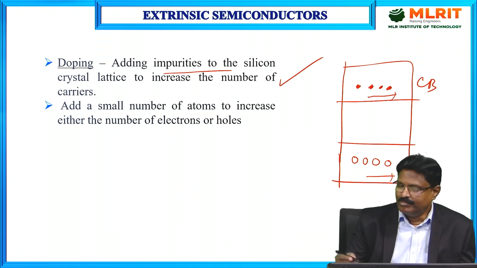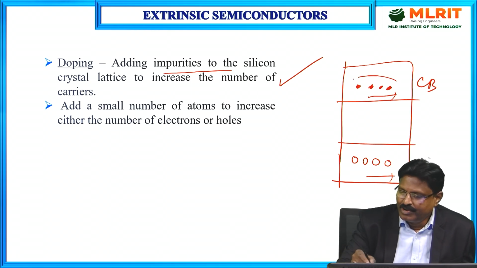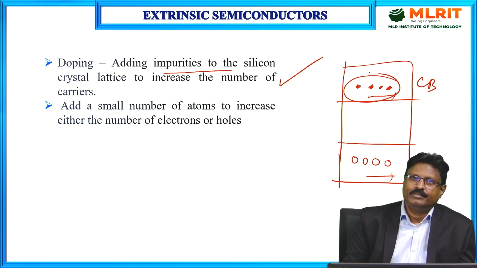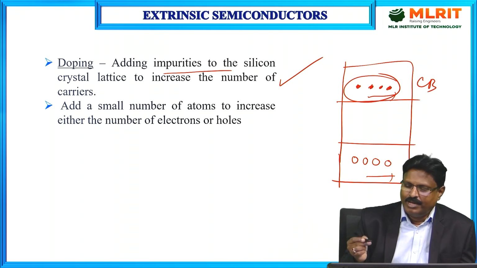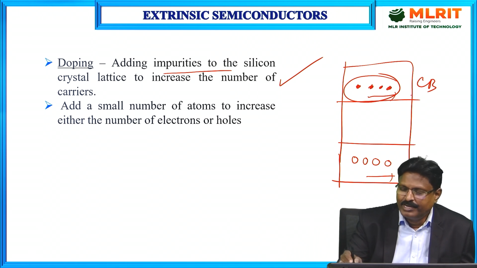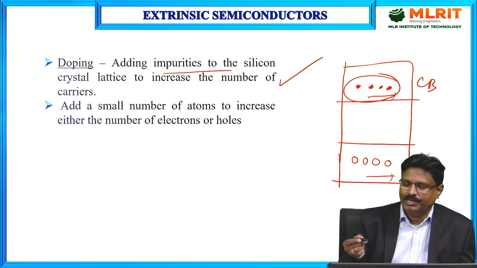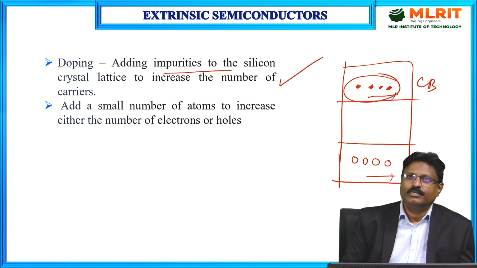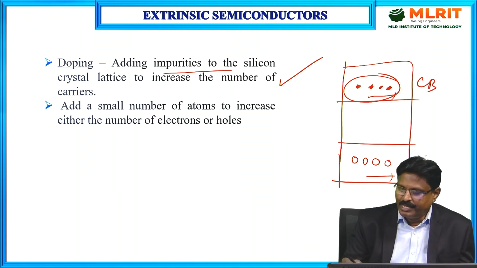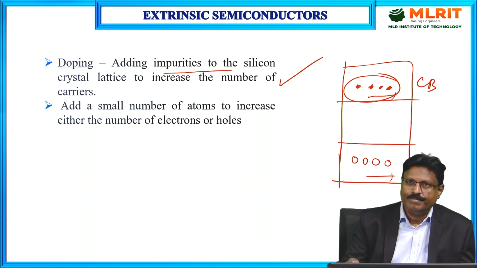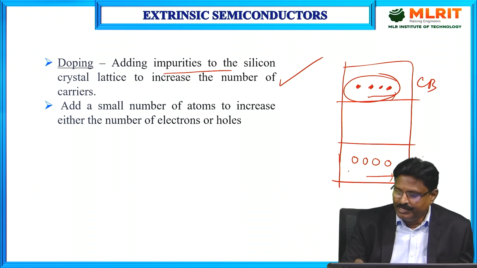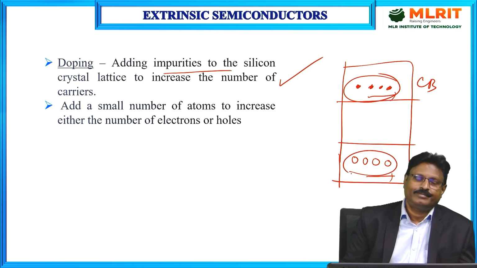First, I want to increase the number of free electrons in the conduction band. Option 1: I need to dope an impurity into the silicon system such that the number of free electrons in the conduction band increases. The other option is to dope an impurity such that the number of holes in the valence band increases.